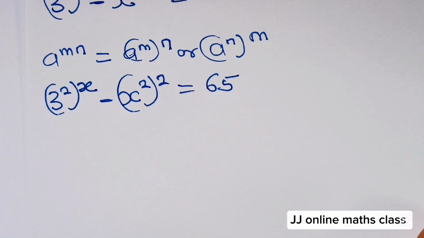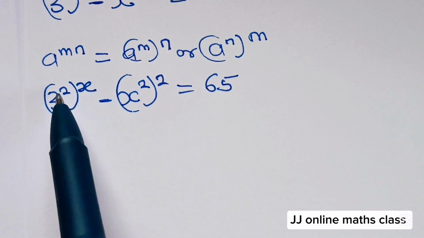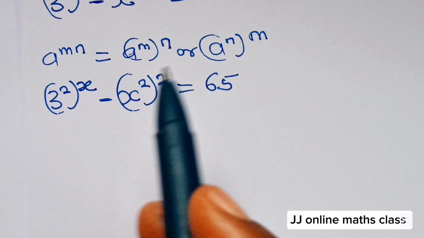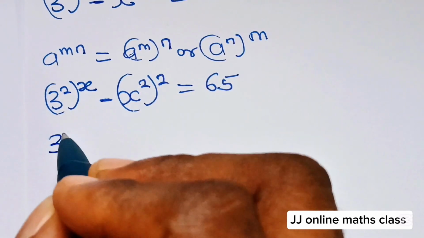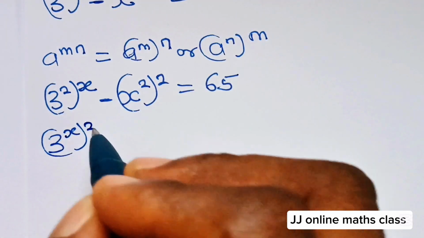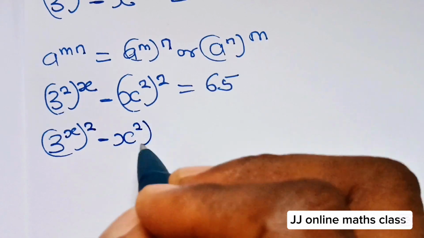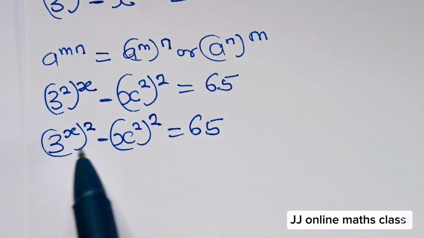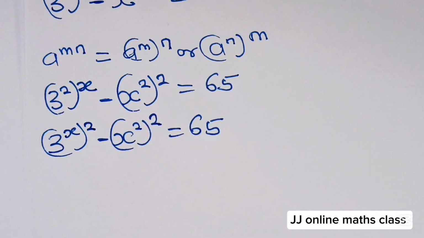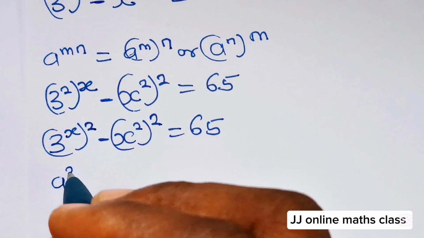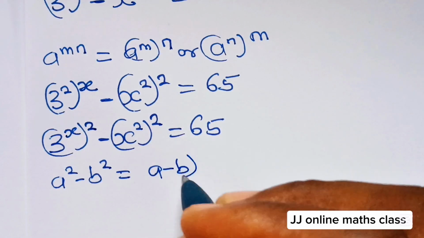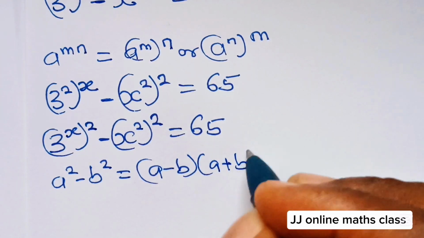Now we are going to bring this in and take this out, so that we have a difference of two squares. If we do that, we have 3 to the power of x, raised to the power of 2, minus x to the power of 2, raised to the power of 2, equal to 65. Now we have a difference of two squares, the identity that states that a squared minus b squared is equal to a minus b multiplied by a plus b.